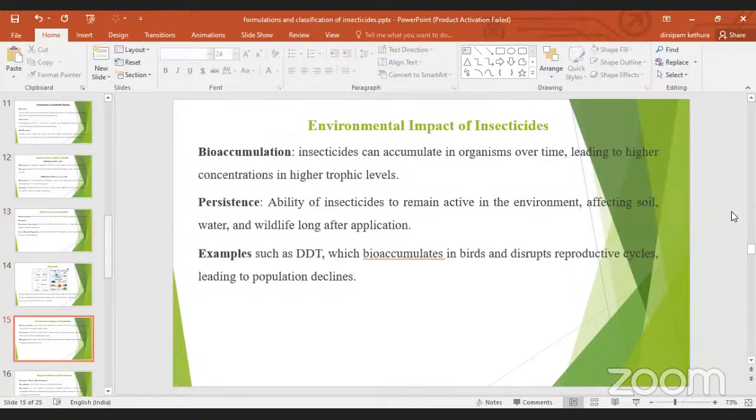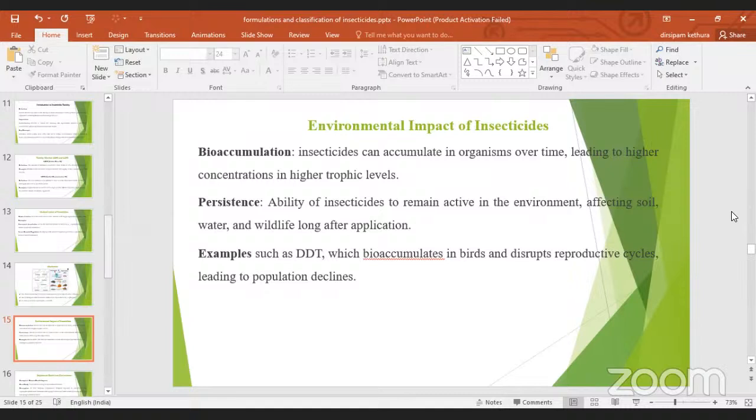And the next one is environmental impact of insecticides. The first one is bioaccumulation, and the second one is persistence. What is bioaccumulation? How these insecticides show their impact on environment. Say extra usage or high amount of insecticides may lead to bioaccumulation. What is bioaccumulation? Insecticides can accumulate in organisms over time, leading to higher concentration in higher trophic levels, okay, which is not good.